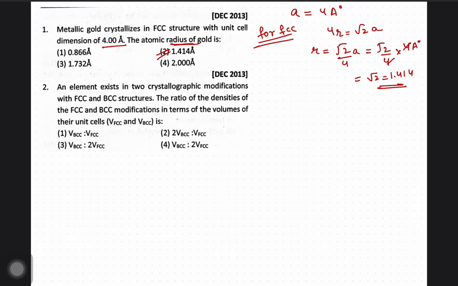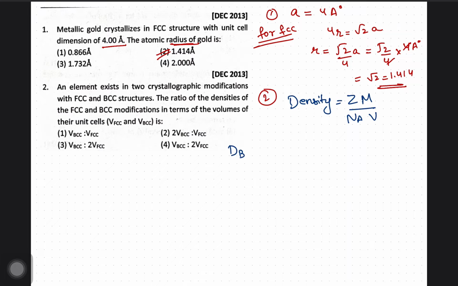Next question, it's an important question. An element exists in two crystallographic modifications with FCC and BCC structures. The ratio of the density of FCC and BCC modification in terms of the volumes of FCC and BCC. See, we know that the formula for the density is Z × mass / (Avogadro number × volume), you have to remember this.